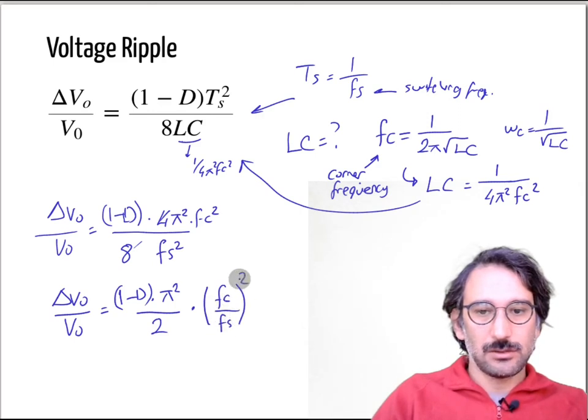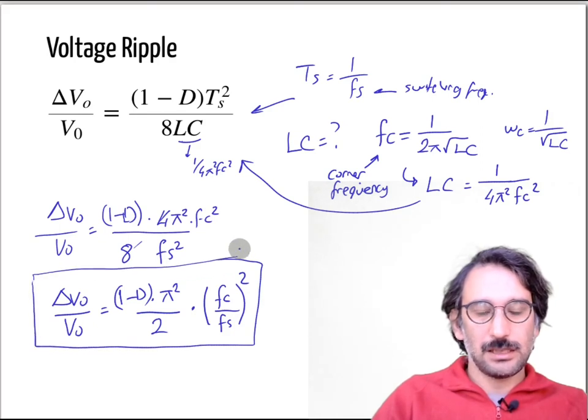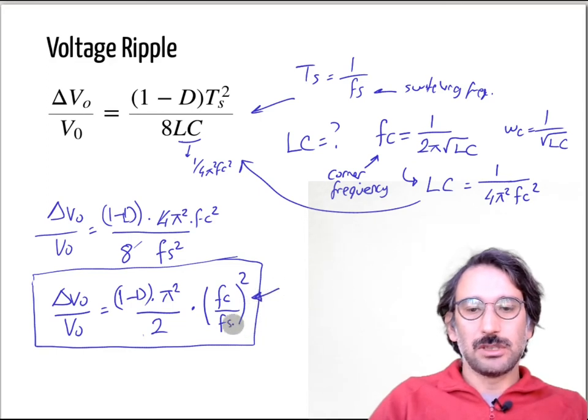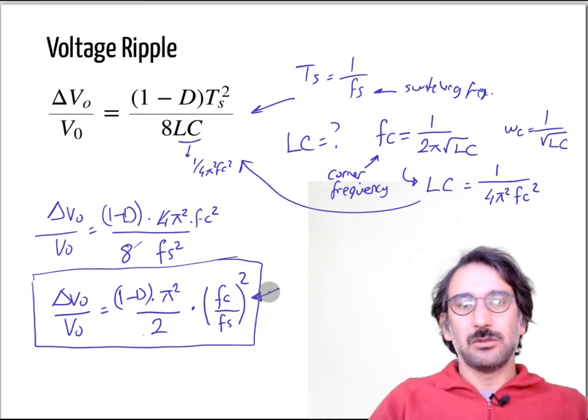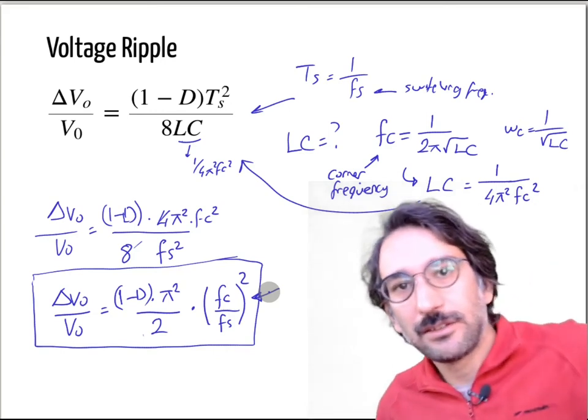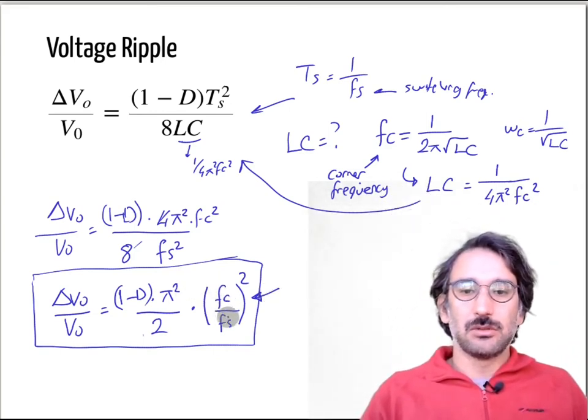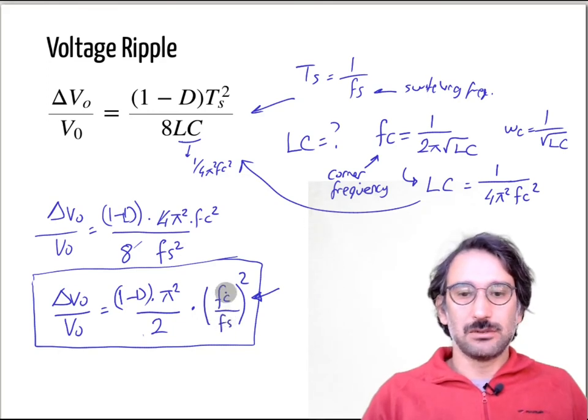Fs². So at the end of the day, if you just look from a signal point of view, this is constant, that is about the duty cycle, but that one is really important. The ripple is directly related to the ratio of your corner frequency and your switching frequency. If you want a small ripple, you want to reduce that ratio.